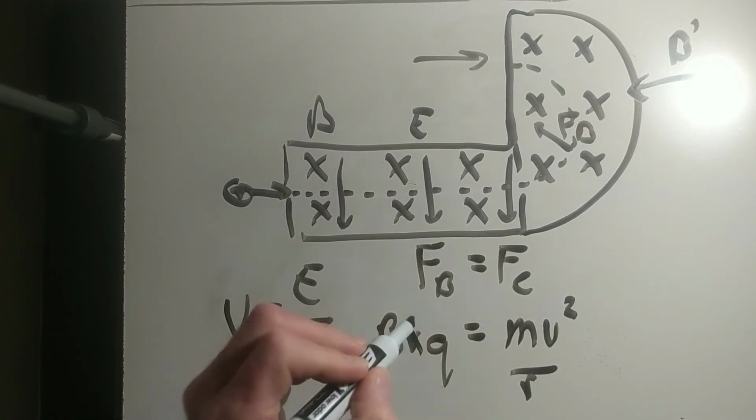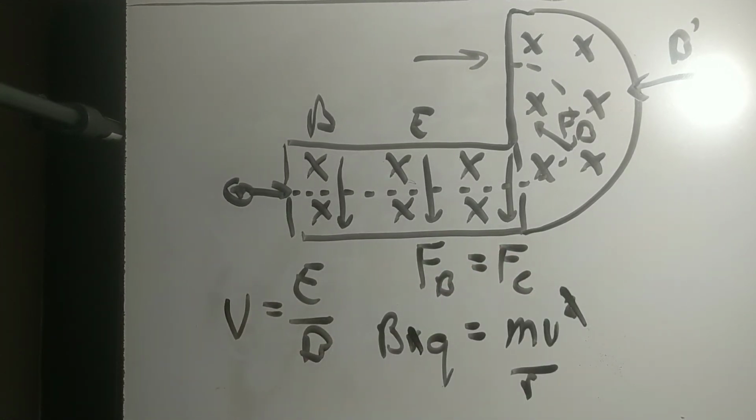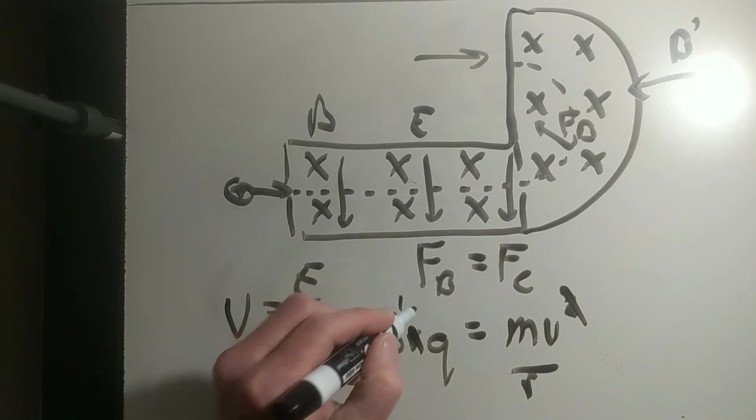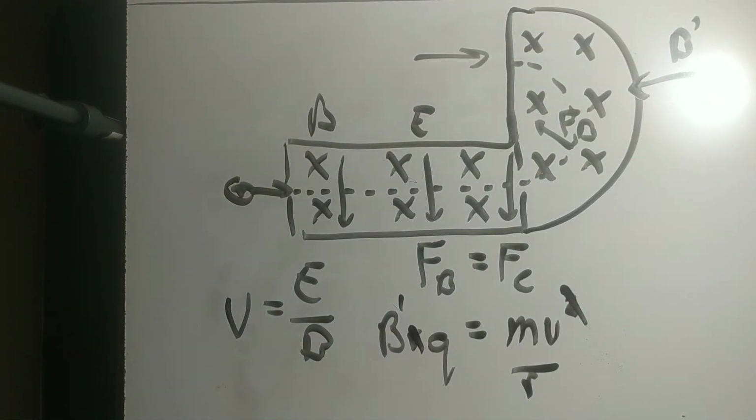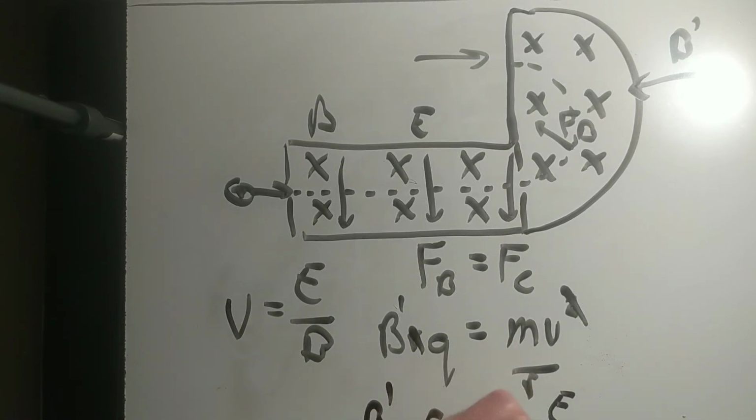Conveniently, one of the v's canceled out. But this B, by the way, is B prime because we're on this side. So I can't make that mistake. Then what I can do is a little rearranging, and plugging in, B prime times q times r equals m v over... but then we know that v has to be E over B.